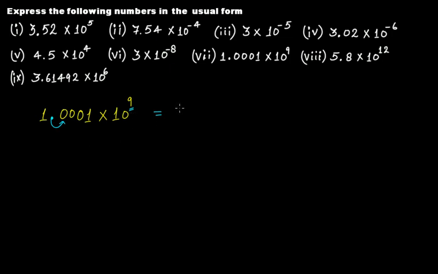It means that you will put 5 zeros. So 1, 2, 3, 4 and 5 zeros. The decimal point will come here, and that means it's actually 0.0. You can simply write it as this number.